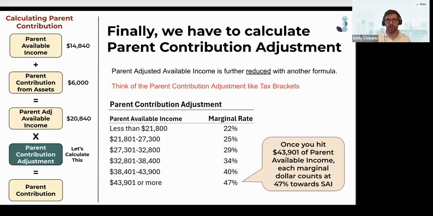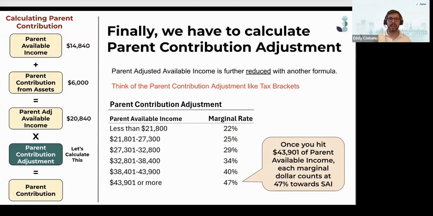And so you can think about this almost like a tax bracket. So whatever this remaining amount is, so currently we are at $20,840, whatever the parent adjusted available income is, it is assessed on a marginal rate. So anything less than $21,800, which is true in our case, is going to be assessed at a 22% rate.